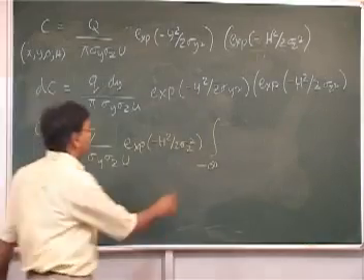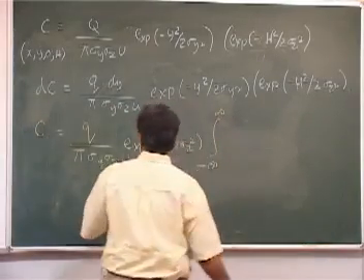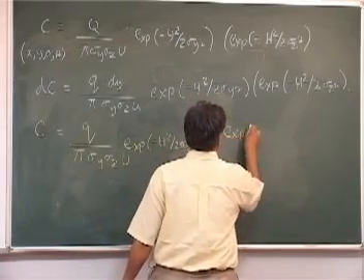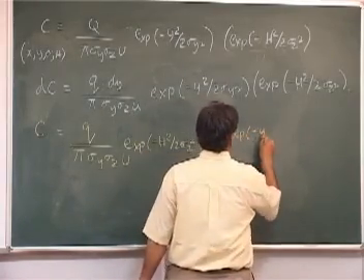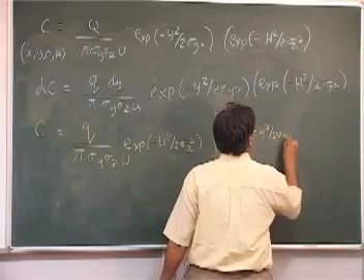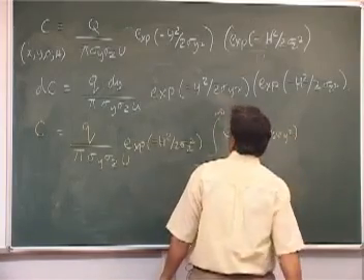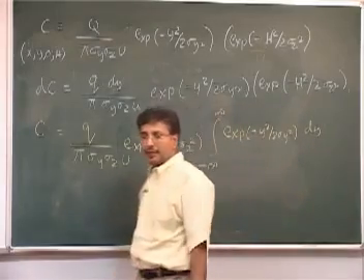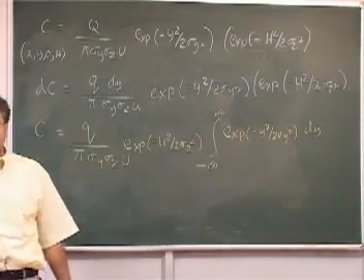So we have exponential of minus y square by 2 sigma y square times dy, right?